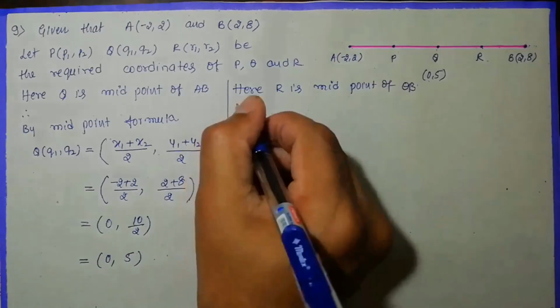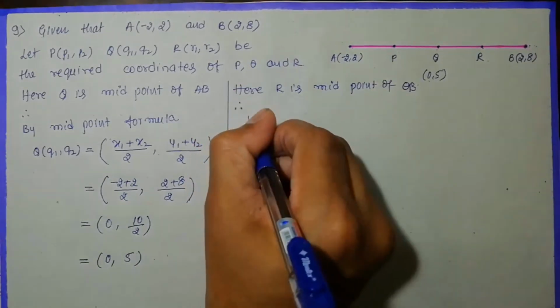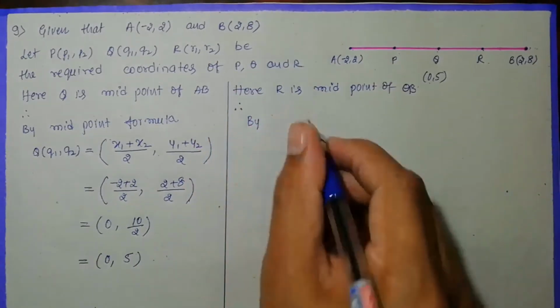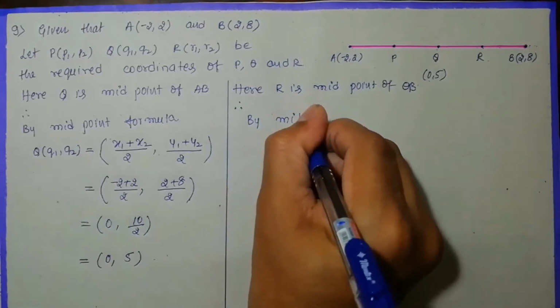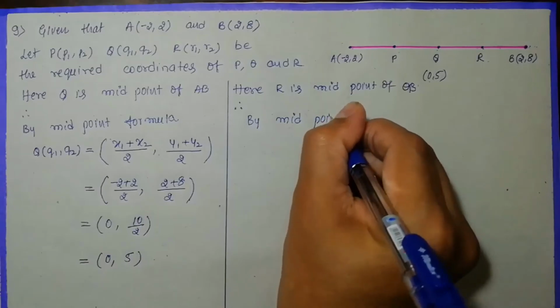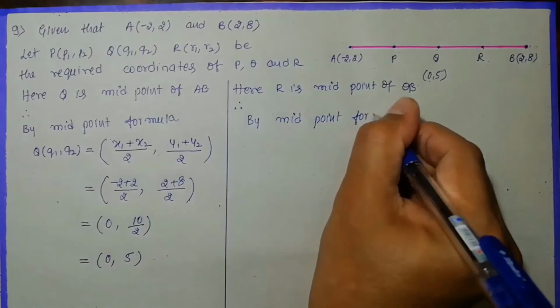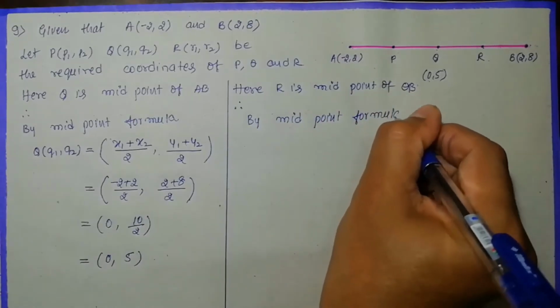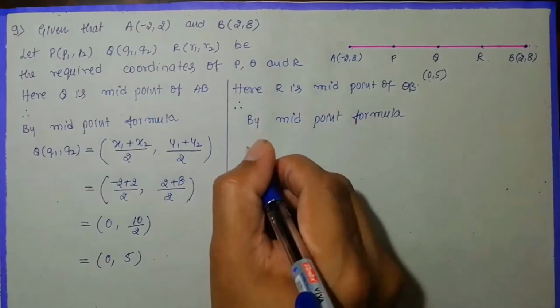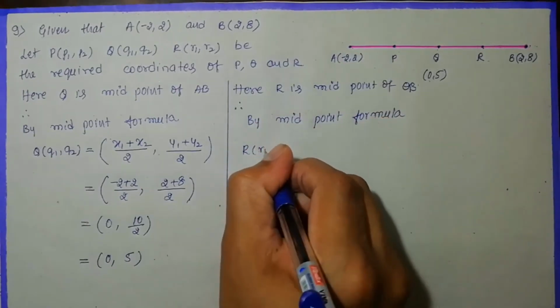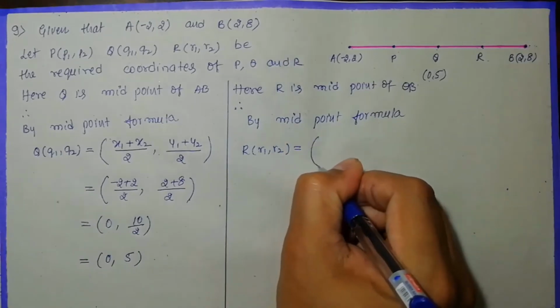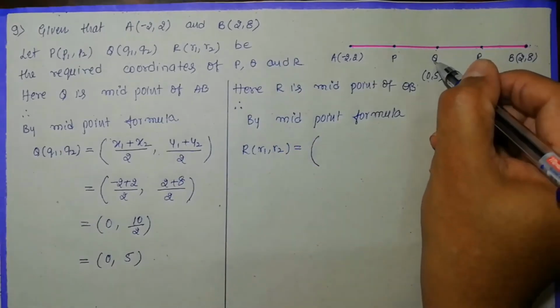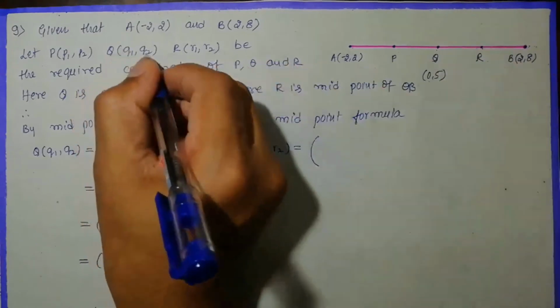Okay, so therefore, by the midpoint formula, I'm going to find R of (r1, r2) equal to. Now look at here, the formula will change because the coordinates of Q are (q1, q2).